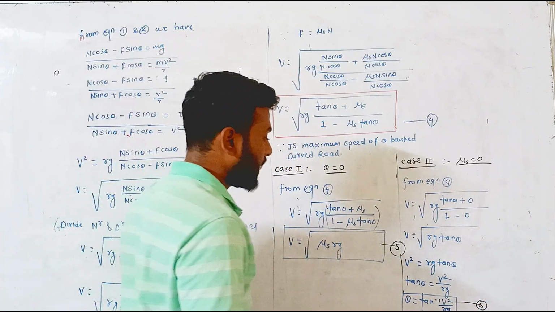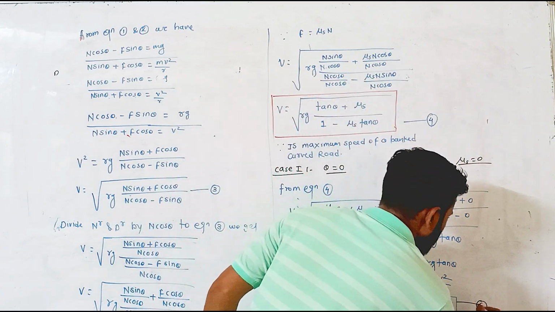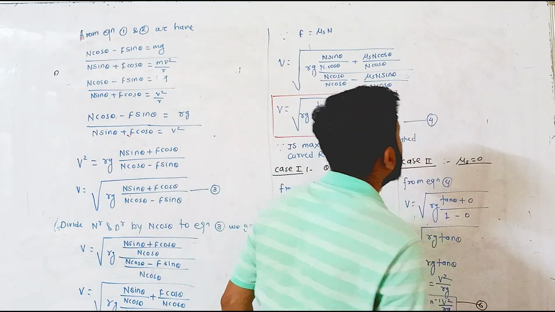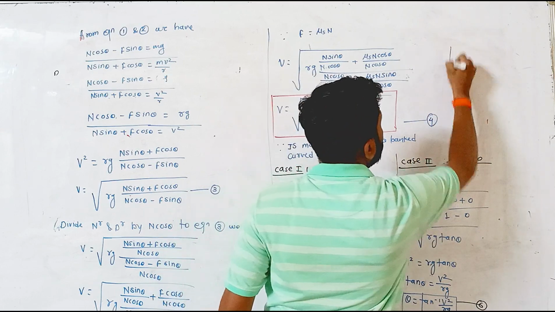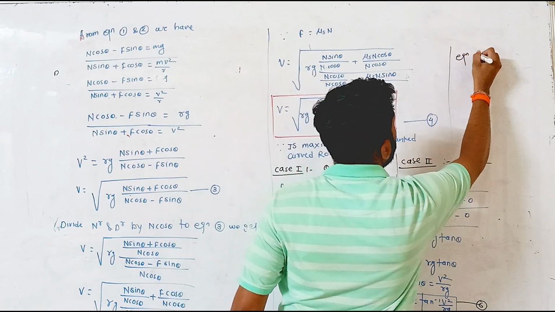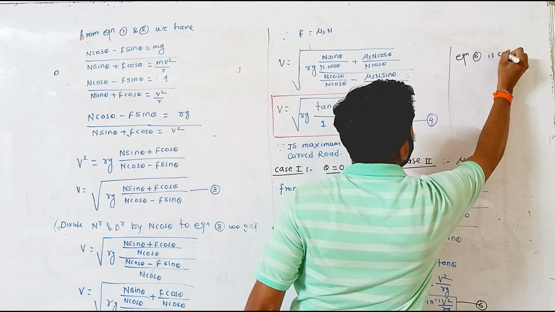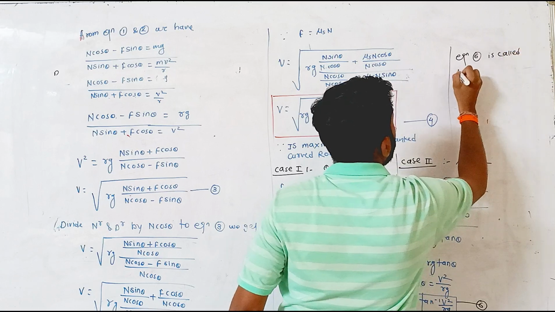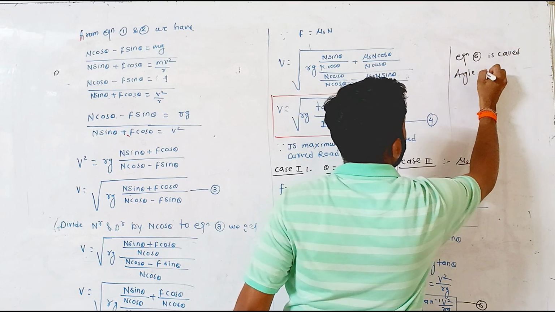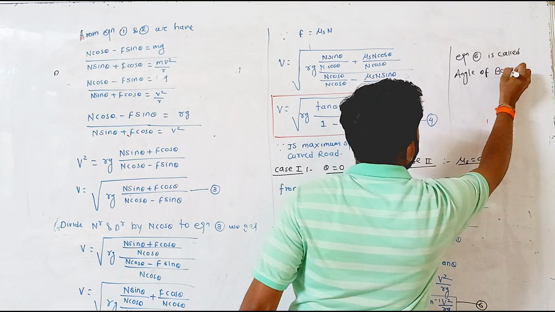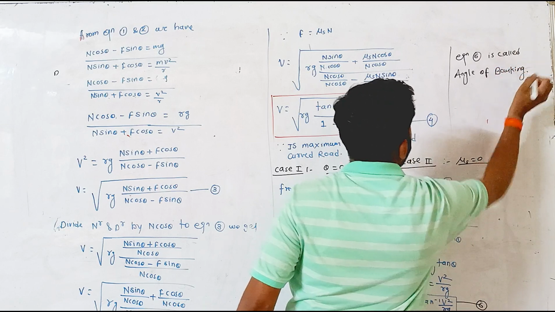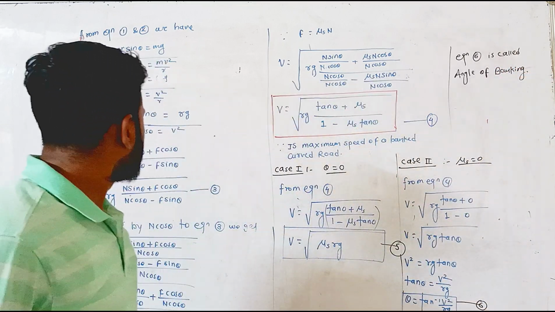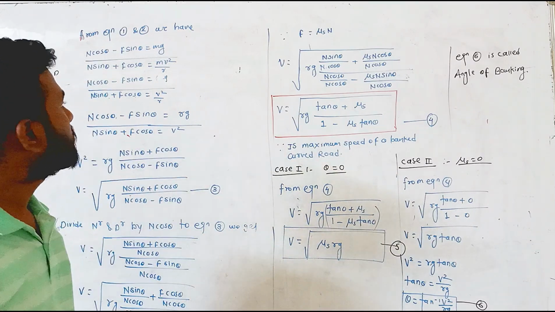This is equation number 6. Equation 6 is called the angle of banking, theta equal to tan inverse v square upon rg.